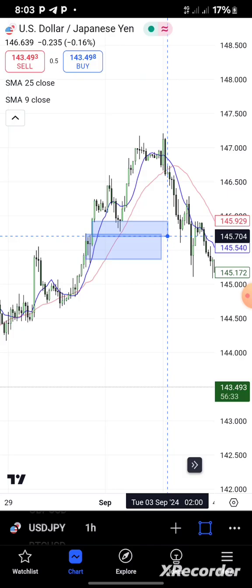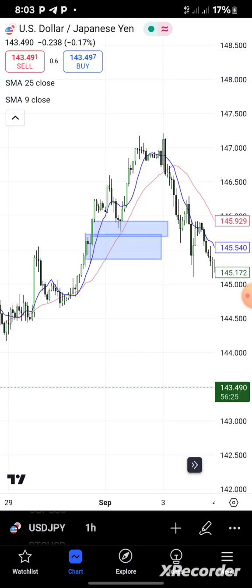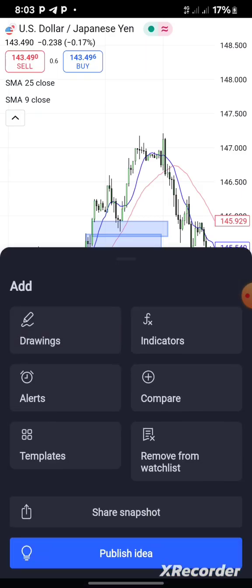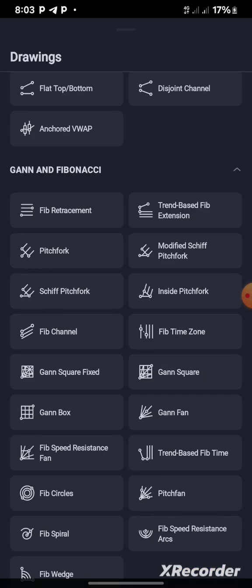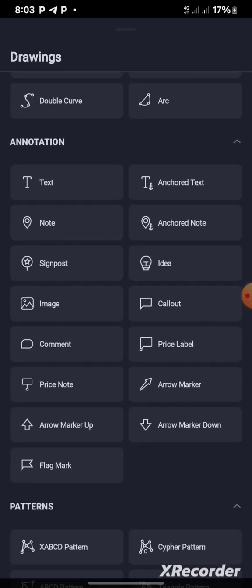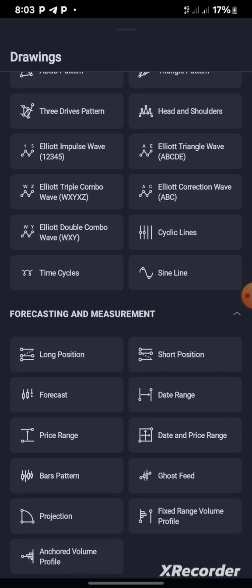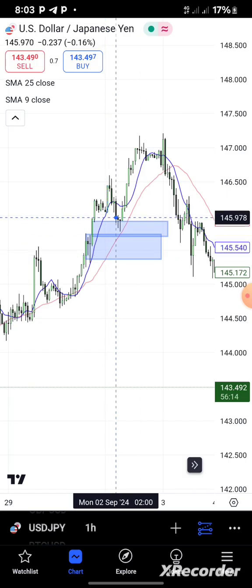Price is likely to test the fair value gap or the demand zone, so you can mark both and put your long position. If you see a confirmation after the fair value gap, you can go long.